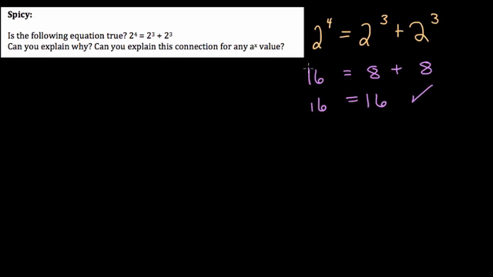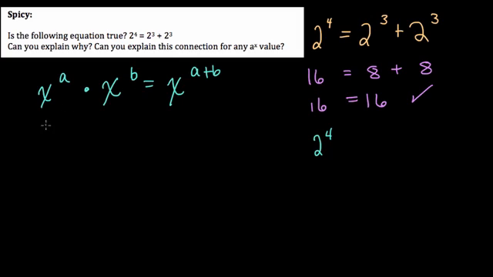Well, let's just think about this for a moment. Let's take 2 to the fourth, and let's break it up in several different ways. Using one type of law of exponents, which says that if you have any number to a power, and then you multiply it by the same number, the same base, to a different power, or the same power, it's equal to that number to the sum of the powers.